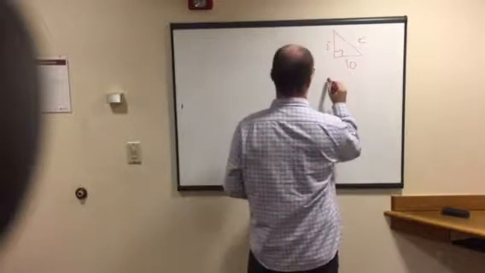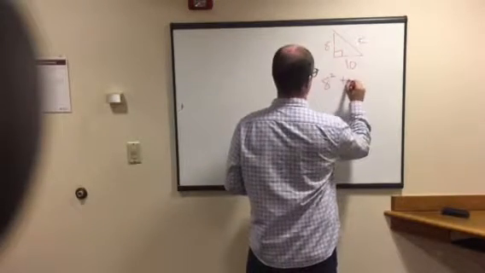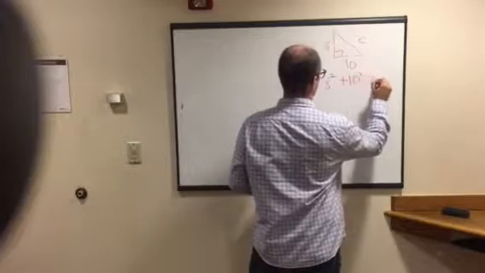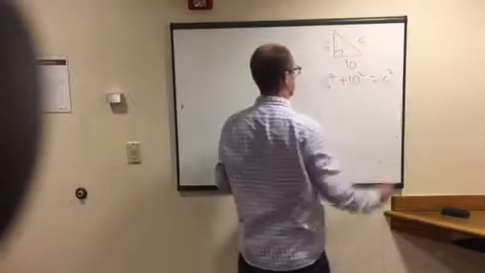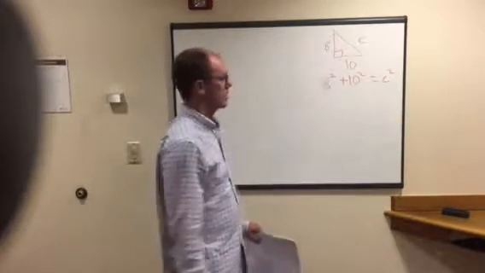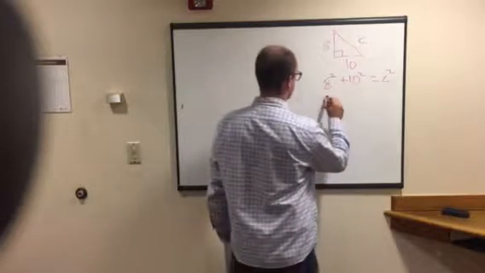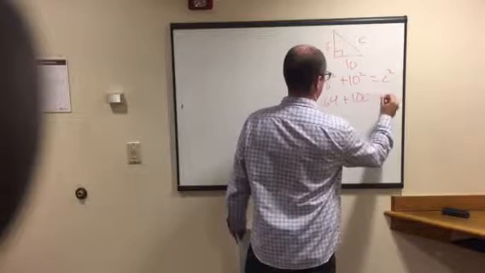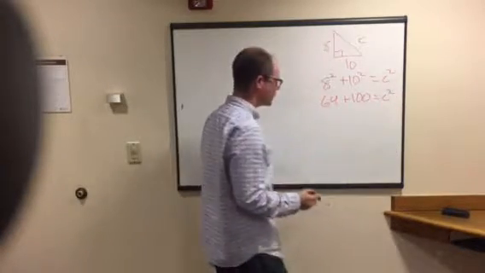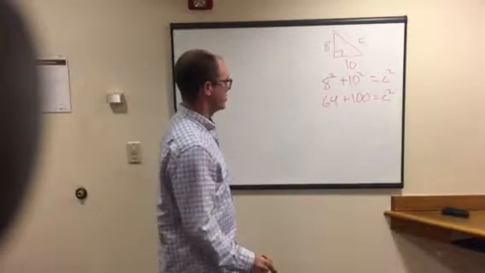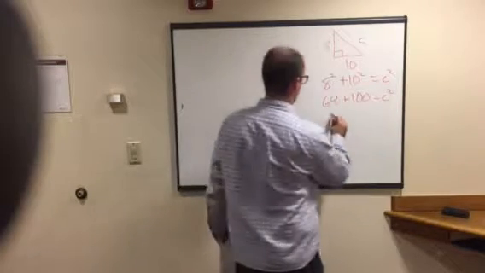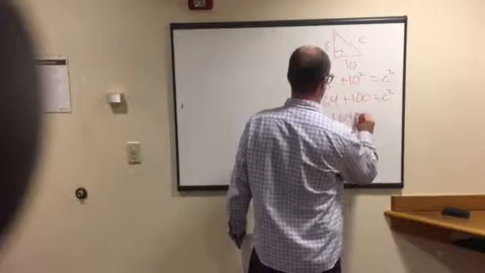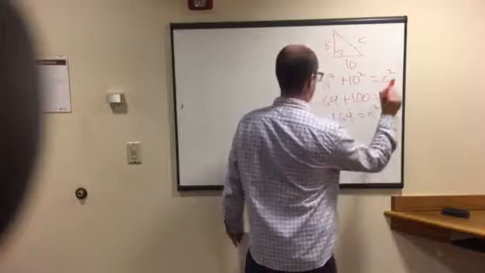So we have 8 squared plus 10 squared equals c squared, right? 8 times 8, 64. 10 squared, 100, equals c squared. All right, and then we just add these two together, we get 164 equals c squared.